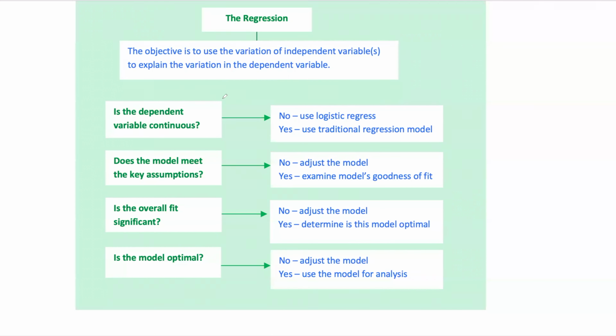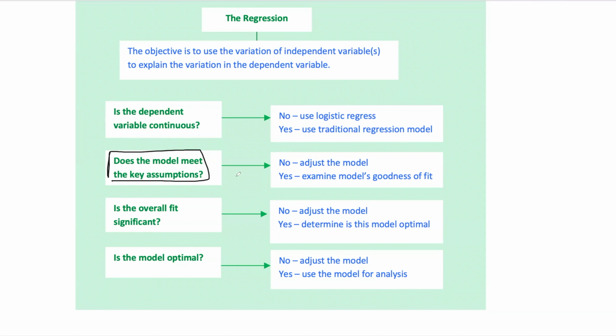First up, is our dependent variable continuous? If it's something like stock returns or GDP growth, great, we use traditional regression. If not, and we're dealing with binary outcomes, like will a company default or not, then logistic regression is our go-to.